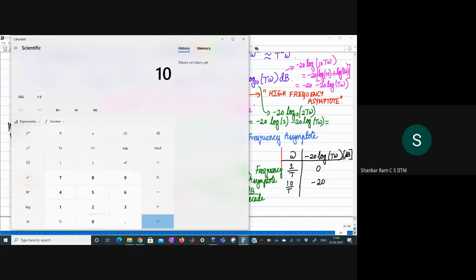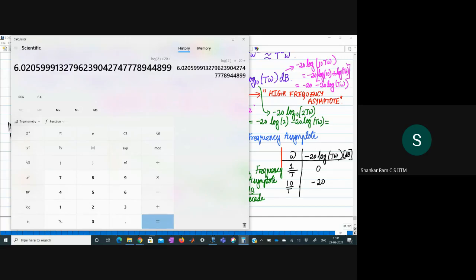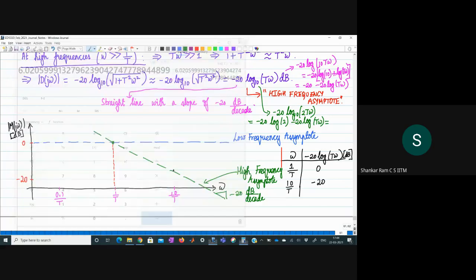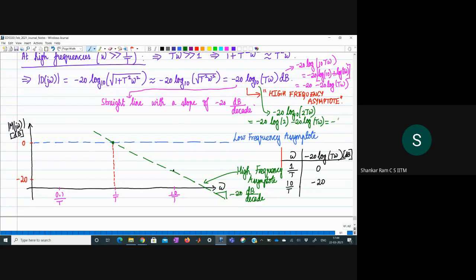So you will get minus 6.02, as you can readily observe. Let's approximate it as minus 6. Of course, if you want to be very accurate, we call it minus 6.02, then minus 20 log t omega. So for that reason, people will say this high frequency asymptote has a slope of minus 6 decibels per octave.